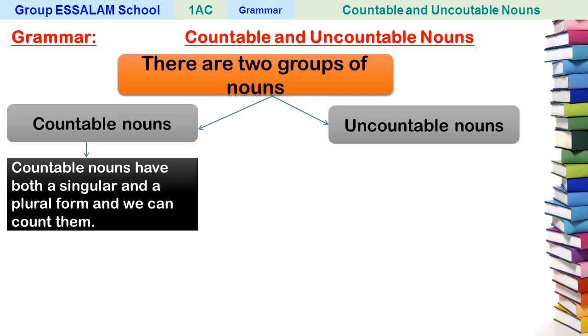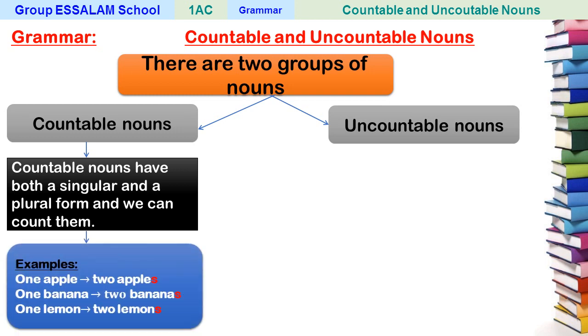Alright? For example, 1 apple, 2 apples. 1 banana, 2 bananas. 1 lemon, 2 lemons. Now let's move into uncountable nouns.